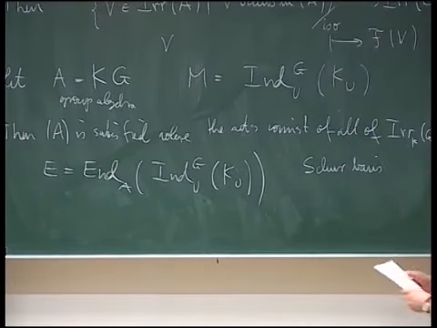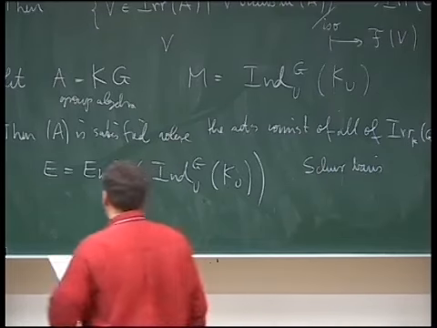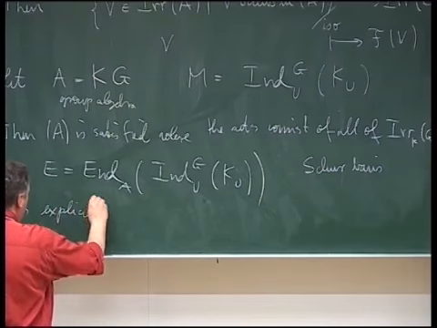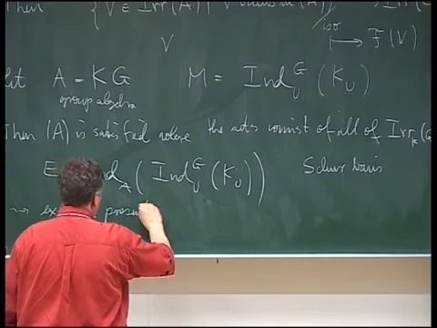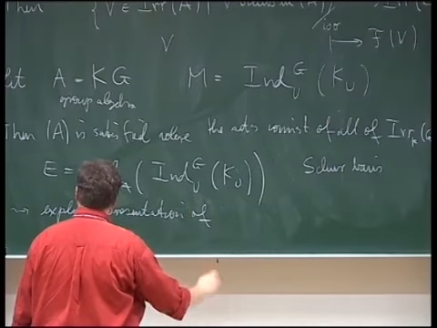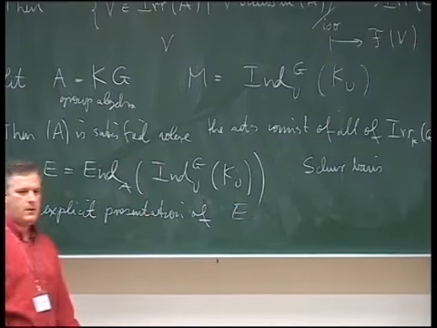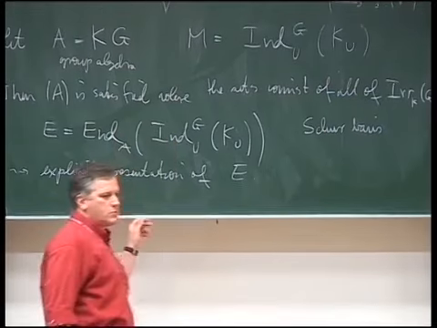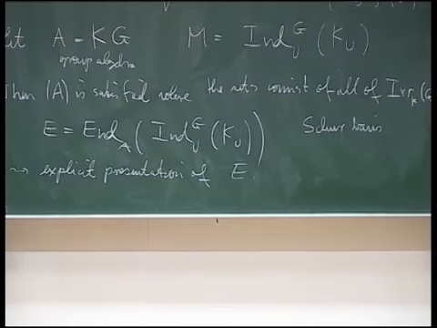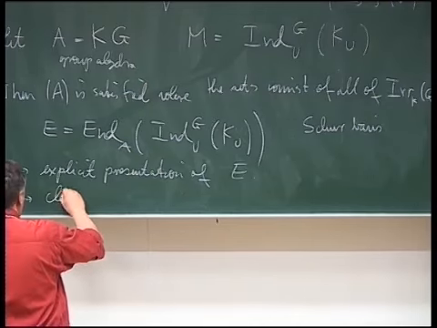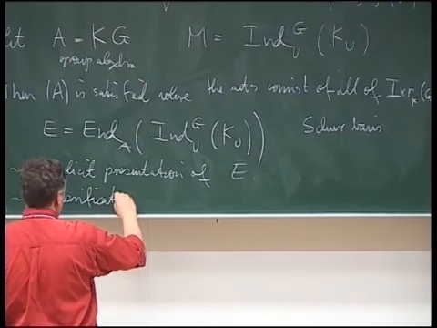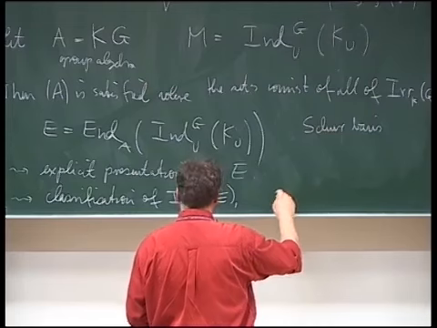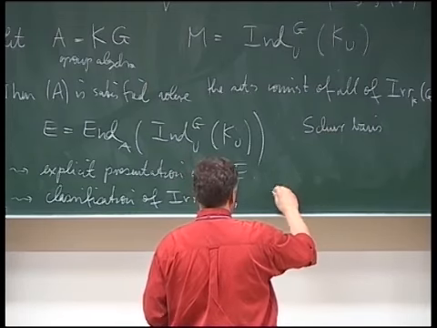So I will not write down the actual formulas here, but you can obtain an explicit presentation of E in terms of generators and relations. And then it's not so hard to classify the irreducible representations of this. You can find that they are all one-dimensional.